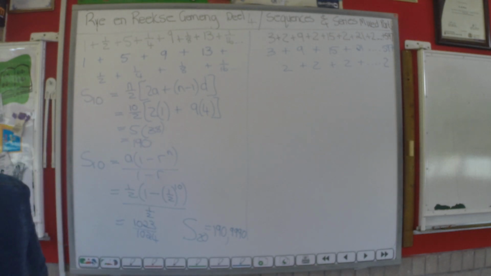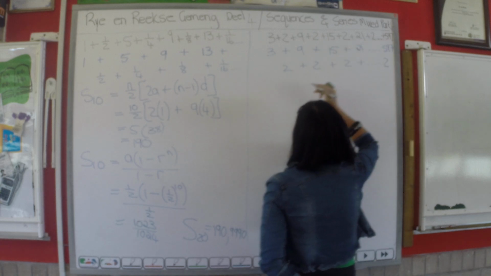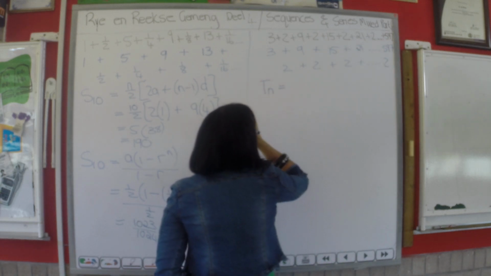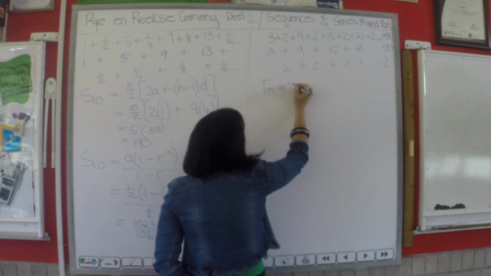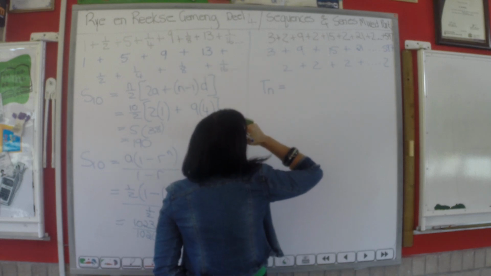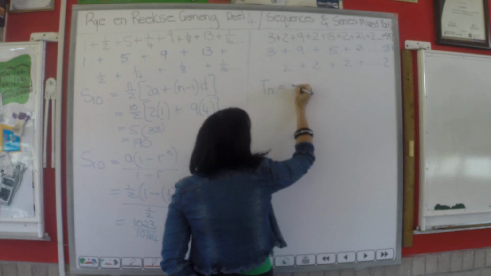So the first thing I need to calculate is how many terms are there. So I'm going to determine what's the position of the last term. So I'm going to start with Tn, and I'm going to use this arithmetic one. So I'm going to use that one, and then I will know what's the position of that one in the arithmetic series.